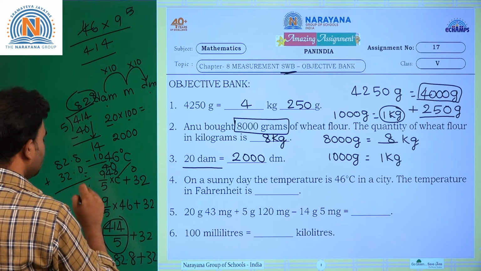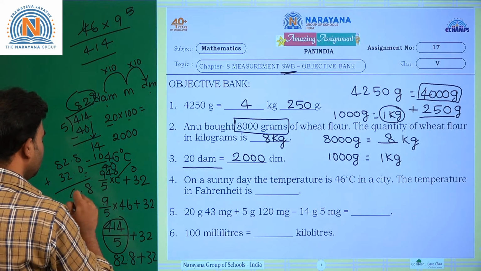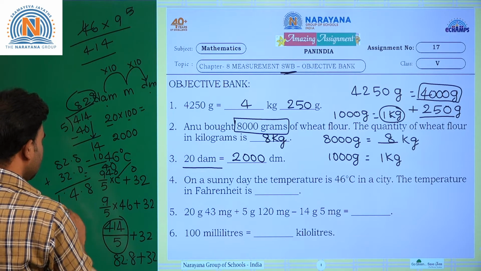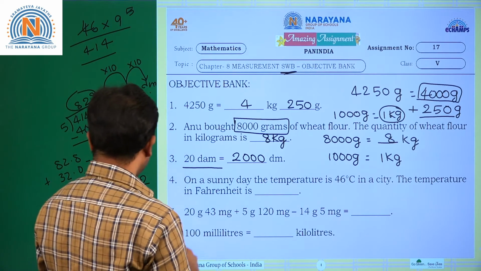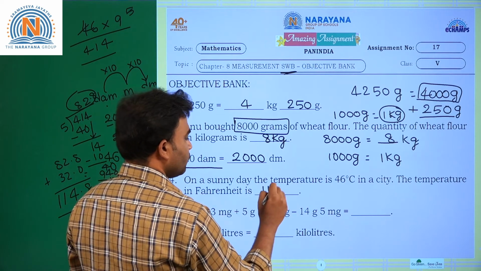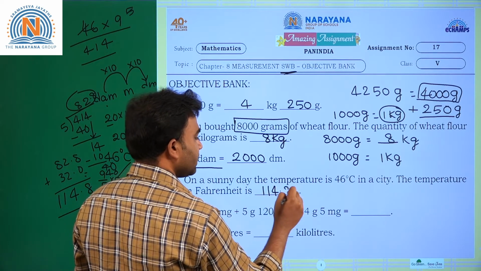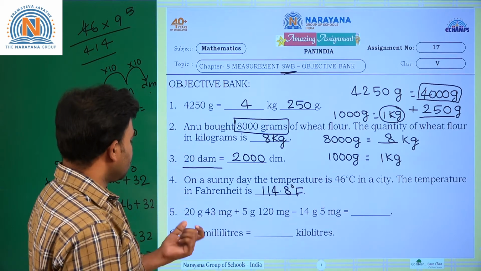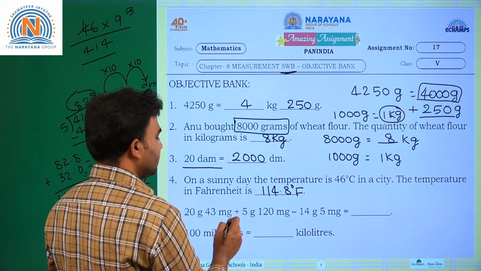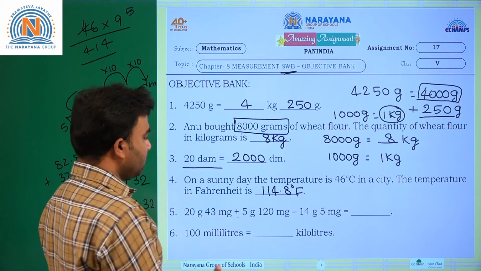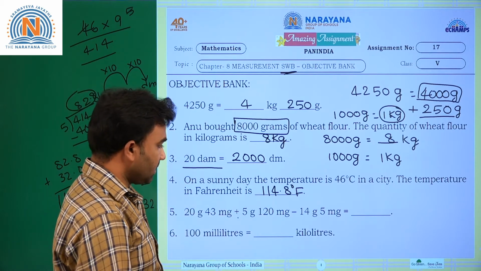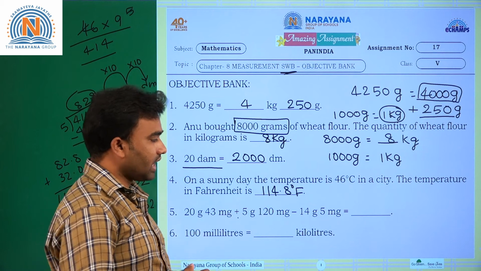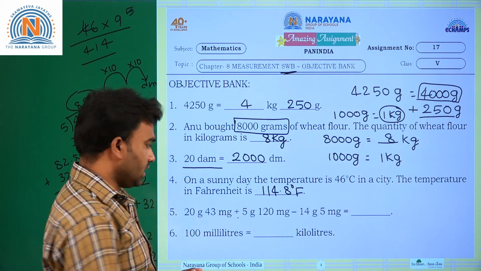Now 8 plus 0 is 8, 2 plus 2 is 4, 8 plus 3 is 11. So the answer is 114.8 degree Fahrenheit. Next one, 20 grams 43 milligrams plus 5 grams 120 milligrams minus 14 grams 5 milligrams.